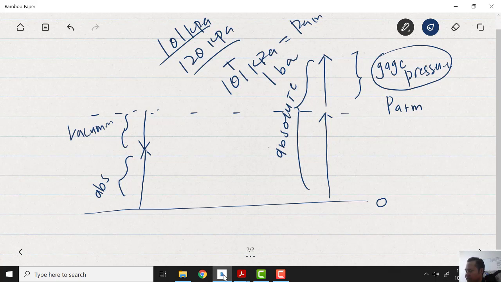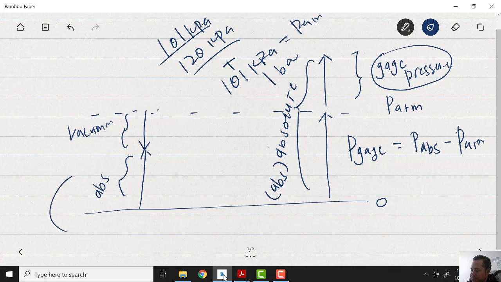And if you want to find the vacuum pressure, P vacuum, you need to subtract PABS from PATM, which is PATM minus PABS. Alright, hope you understand.